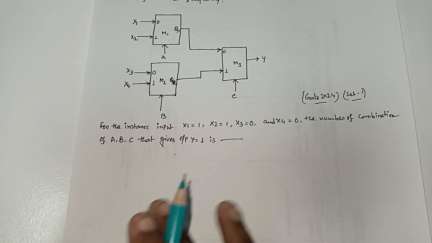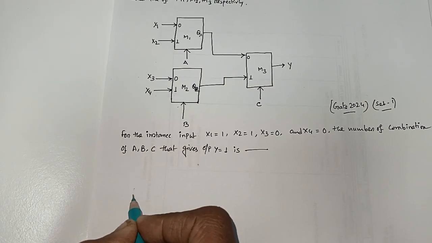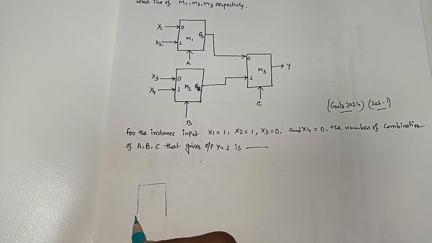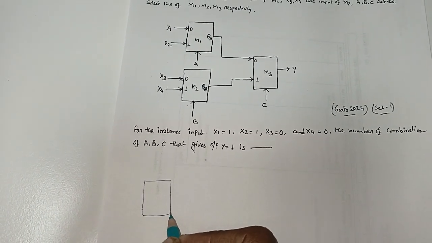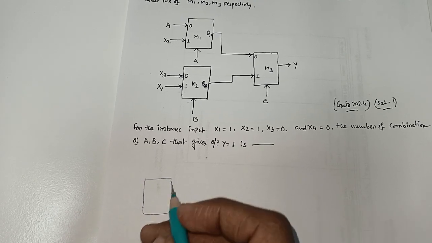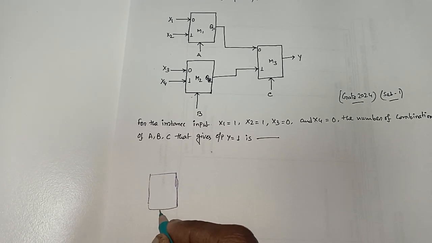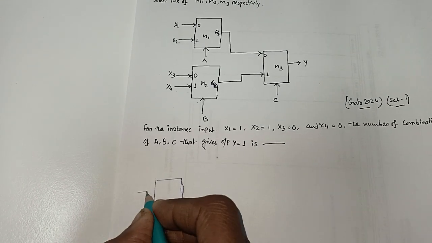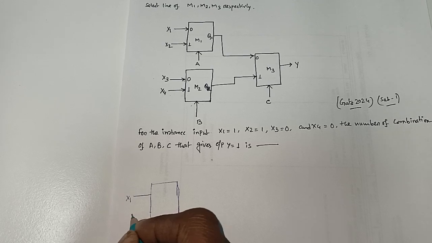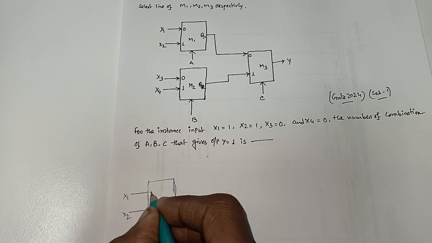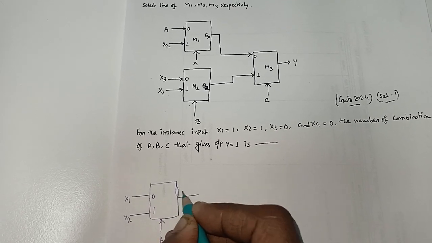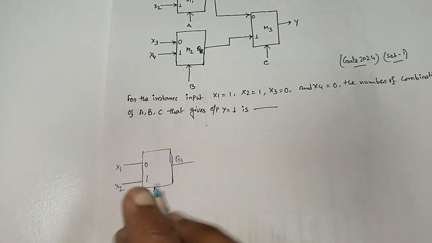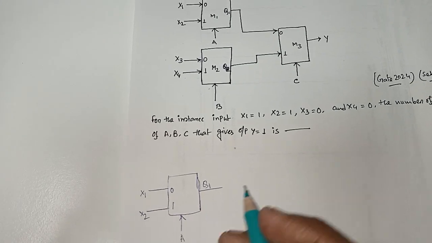Firstly, we can check the multiplexer functionality. Suppose this is x1 and this is x2, 0 and 1, and this is output q1. Suppose this is a 2x1 multiplexer, so 0 is connected with x1.